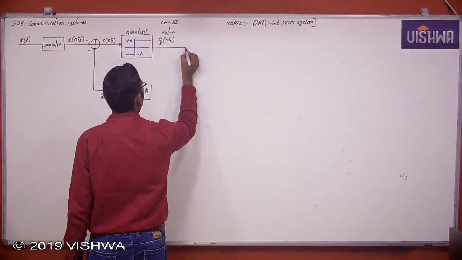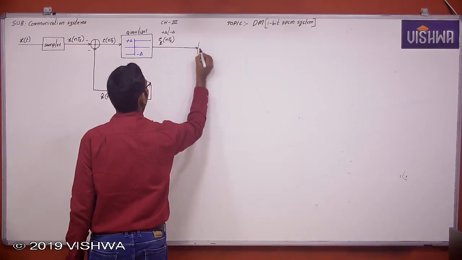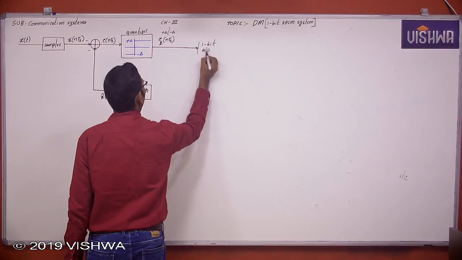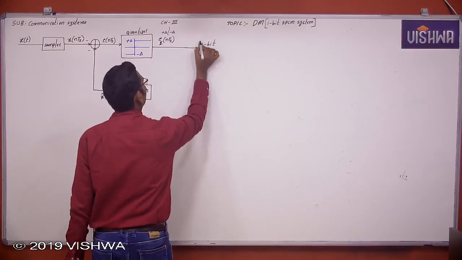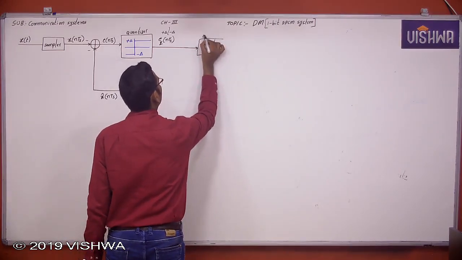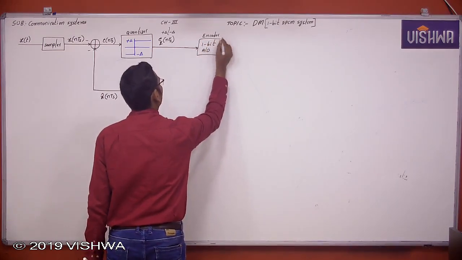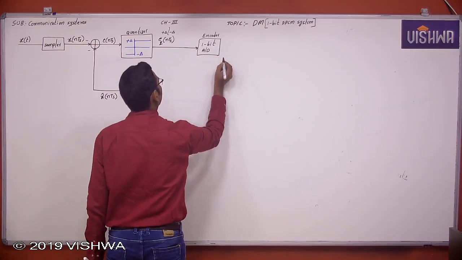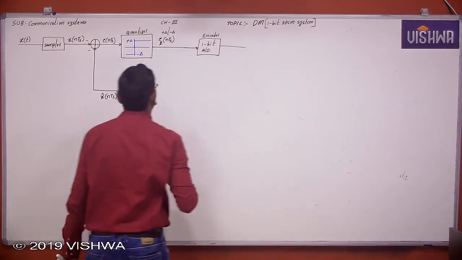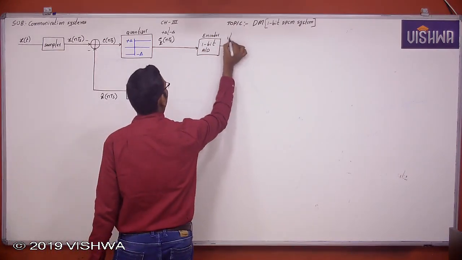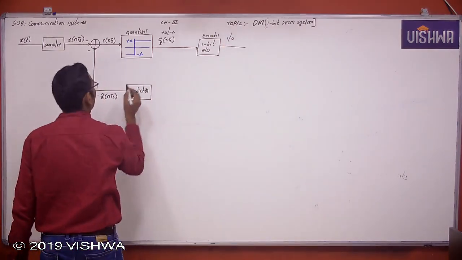Now this plus delta will be encoded by the encoder, which is a 1-bit A to D converter, as either binary 1 or binary 0.